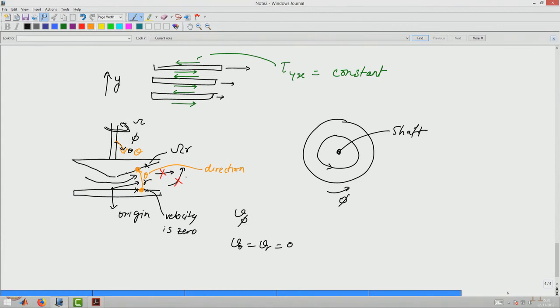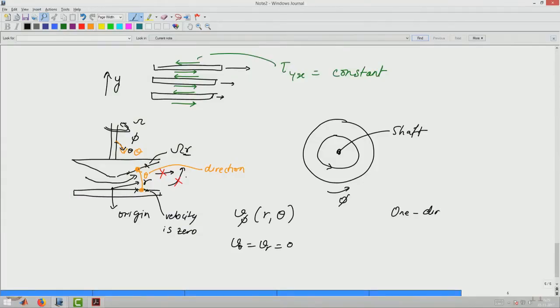Similarly, when we go to different r's, the velocity keeps on changing. So, V phi therefore will be a function of r and theta. So, in this scenario, we are again looking at simple shear flow, with only one velocity component. So, this is again one dimensional flow.